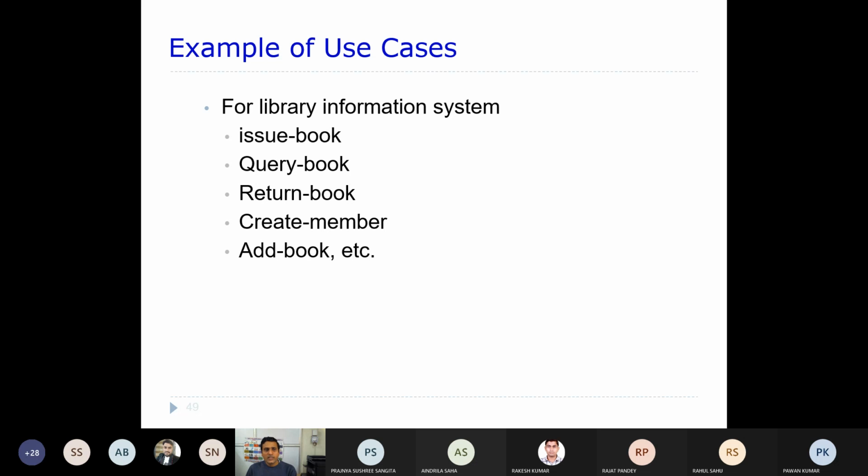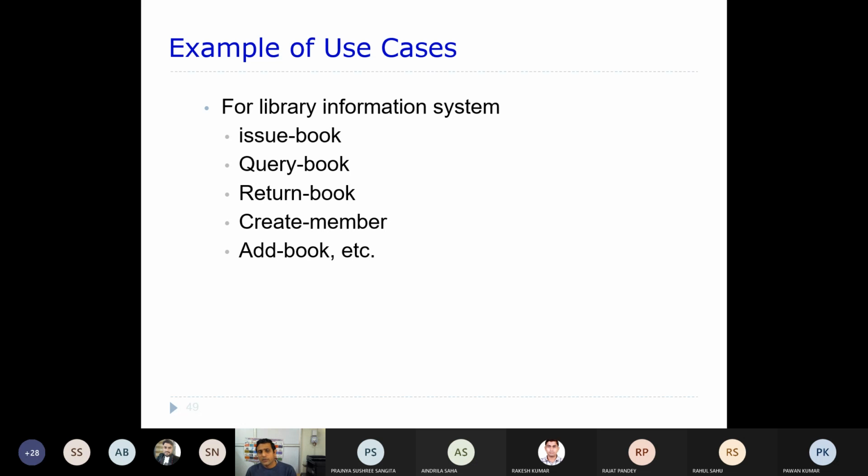Now for any library automation system or information system, you can understand these are the various use cases. One use case will be issuing a book. The other use case will be searching or querying a book. Another can be returning a book to the library, or create membership, or adding a new book into the library information system.